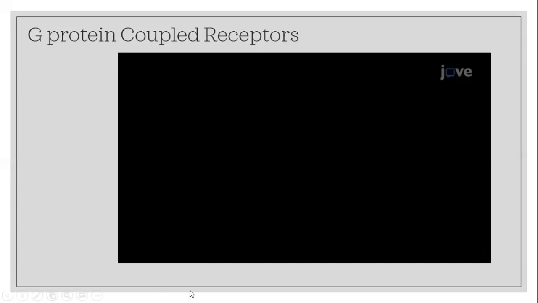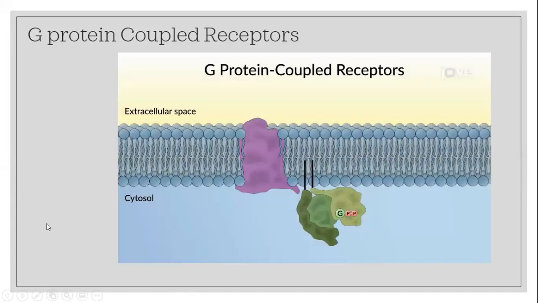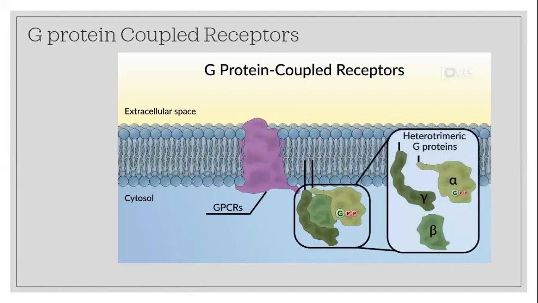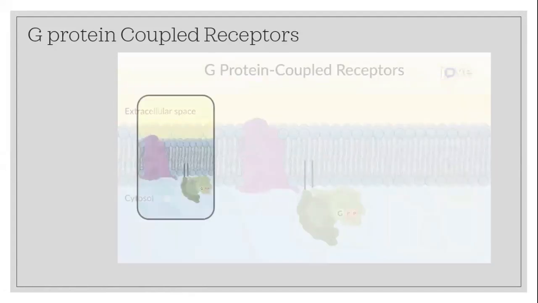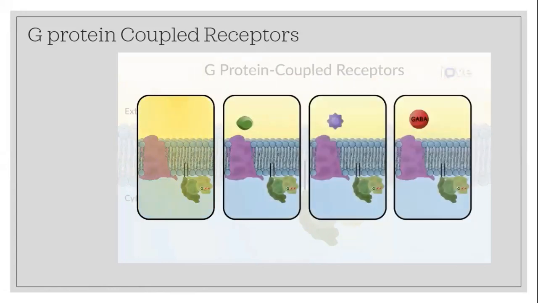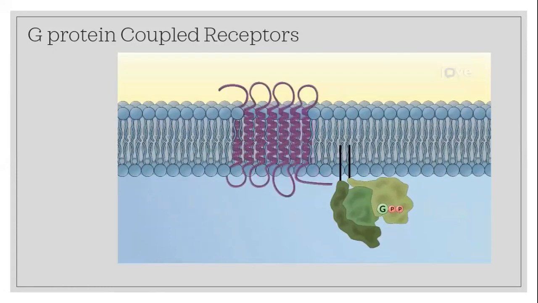This is a simple animation that shows G protein coupled receptors, or GPCRs, are cell surface receptors that associate with heterotrimeric G proteins and mediate cellular response to signals such as light, hormones, cytokines, and neurotransmitters. All GPCRs contain 7 transmembrane alpha helices.